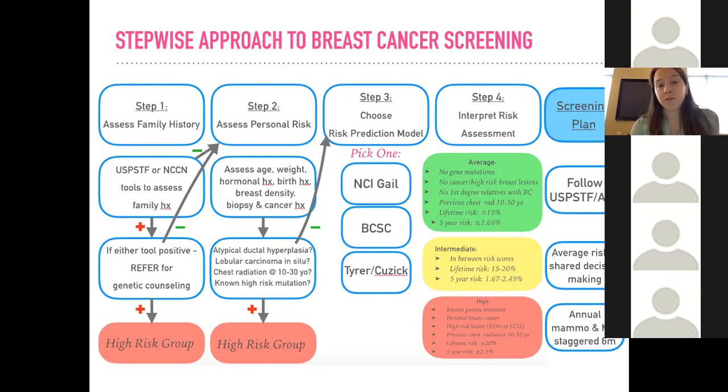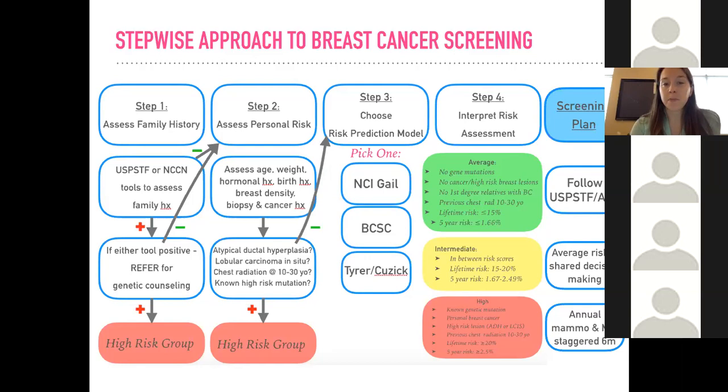When we think about their personal risk, we get all of those details about hormone history, their age, their weight, their own biopsy history. And if they fit into any of these concerning categories like the ADH or LCIS or chest radiation, those patients immediately go to high risk. Otherwise, if they don't have details, then we want to move on to picking a risk prediction model.